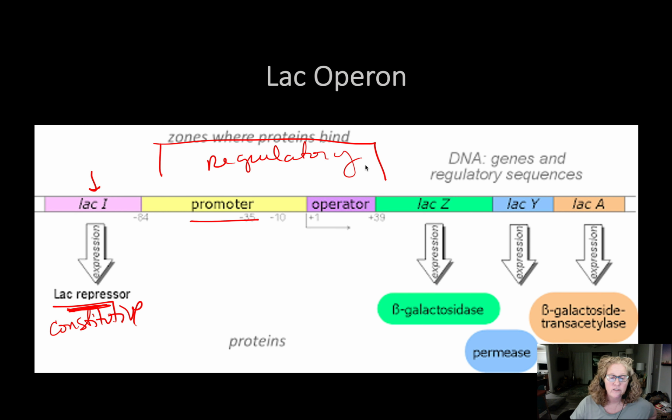The Lac repressor will bind to the operator, and the only way to remove it is to bind the lactose molecule. Its inducer is lactose. So if lactose comes into the cell, it will bind to the Lac repressor sitting on the operator and cause it to fall off. If the Lac repressor falls off, then RNA polymerase has the freedom to move forward and carry out transcription.